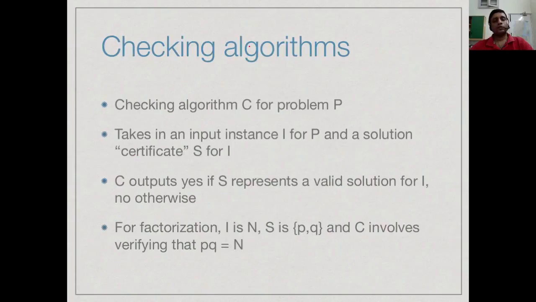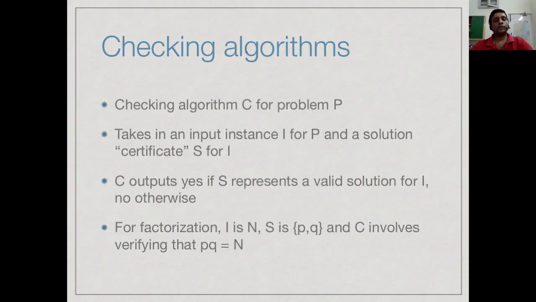So this gives us a notion of a checking algorithm. If I have a problem, I can say that I have a checking algorithm if for every instance, I can take a solution to that instance and quickly verify whether or not that solution is actually a valid one. So a checking algorithm takes an input for the problem, a solution, which is maybe not just the solution but solution plus some extra information, and then it determines whether or not this is a valid solution.